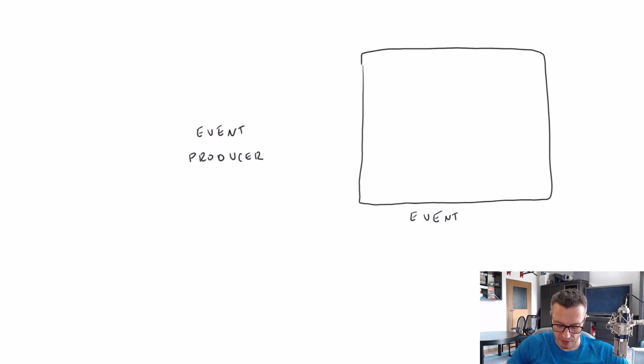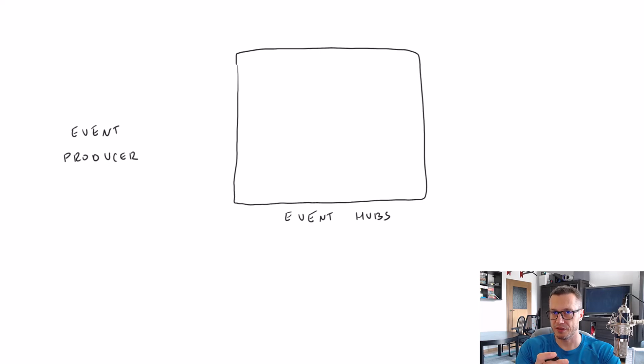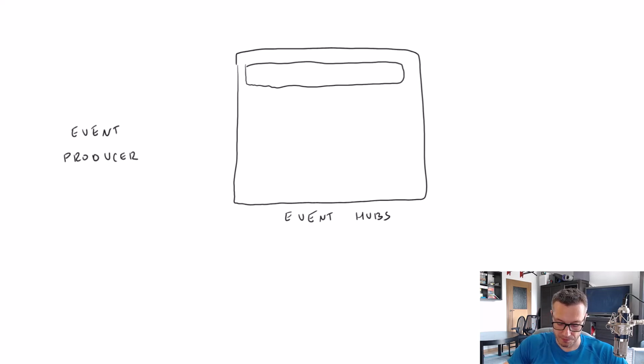So we've got event hubs. Within event hubs, we know that we've got partitions. We didn't talk much about them until now. So those are partitions.